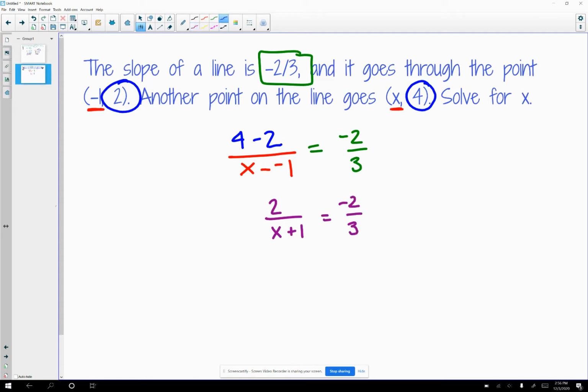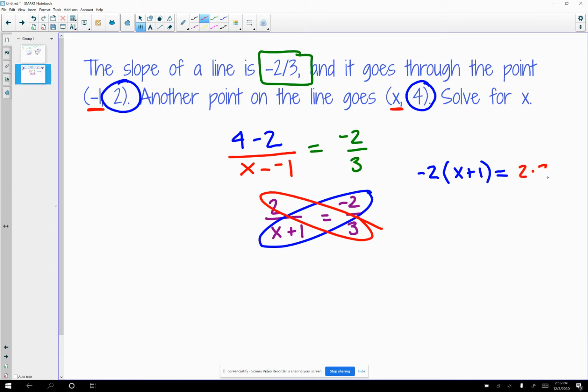And now I am ready to cross multiply. So I have -2 times x plus 1 equals 2 times 3. As I solve, I'm going to distribute.